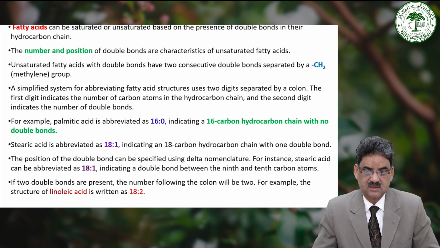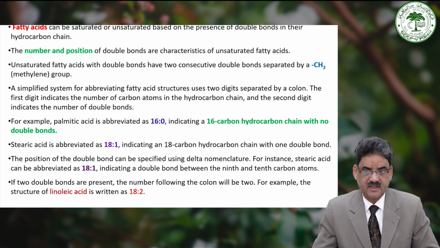For instance, the abbreviation 16:0 corresponds to palmitic acid, signifying a 16 carbon hydrocarbon chain devoid of double bonds. Similarly, oleic acid is abbreviated as 18:1, indicating an 18 carbon hydrocarbon chain with a single double bond.